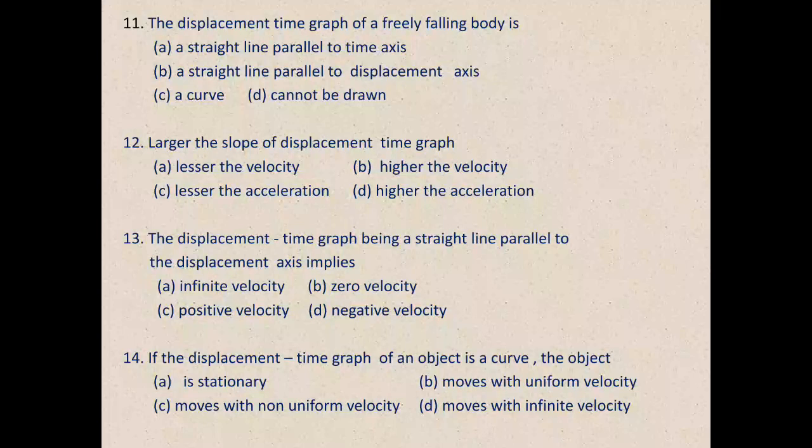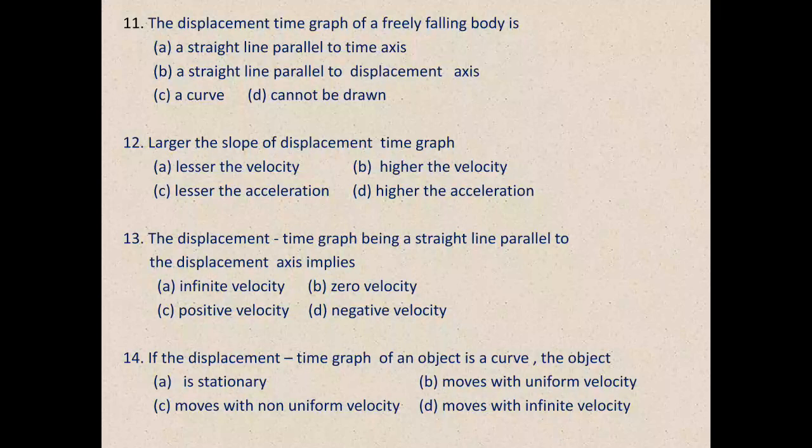If the displacement time graph of an object is a curve, the object number A is stationary, number B moves with uniform velocity, number C moves with non-uniform velocity, number D moves with infinite velocity. So in question number 14, the displacement time graph is a curve.